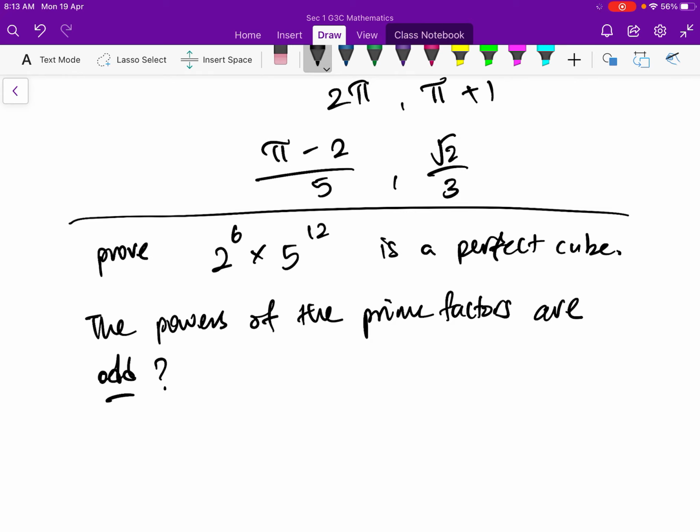Oh, 6 and 12, never mind, let's change it. Obviously, they are even over here. Let's change it to 9 and 15. So now the powers are odd.